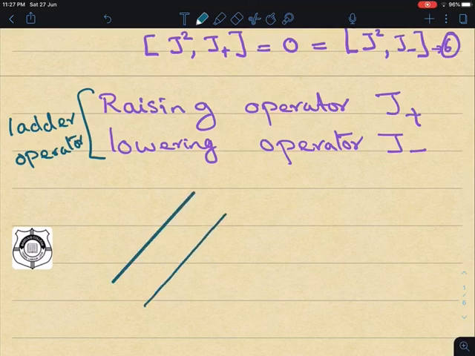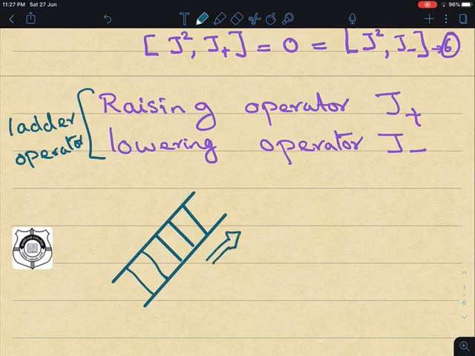As you know, you can move up or down a ladder. You can see that there are so many steps on a ladder where you can move up or you can move down. That is why J plus is always called the raising operator and J minus is called the lowering operator.